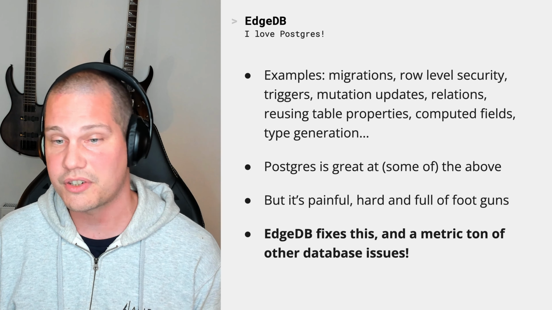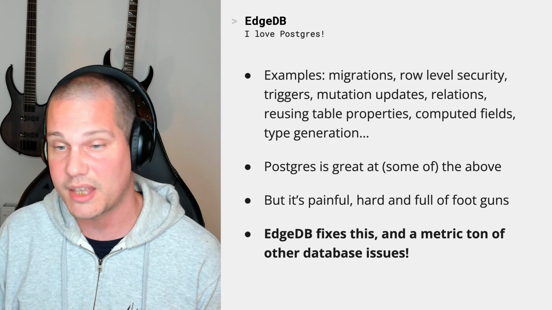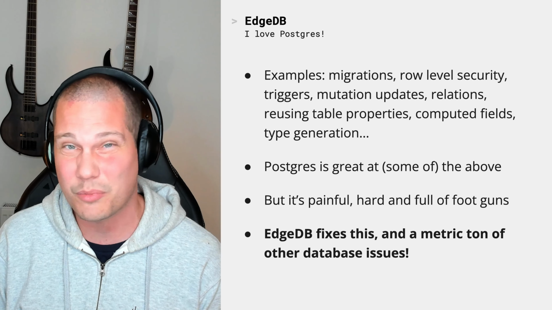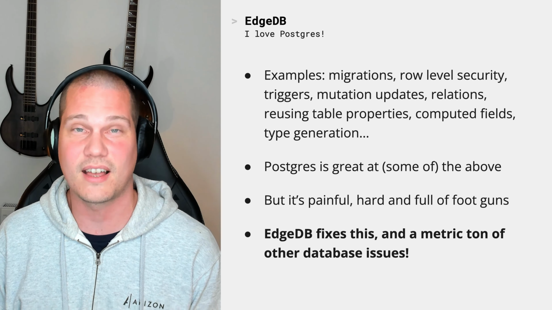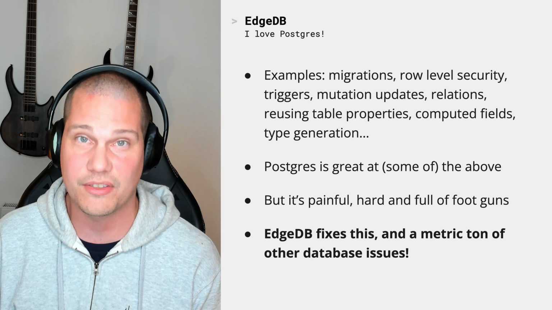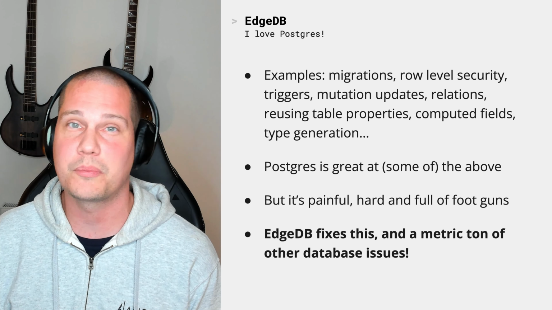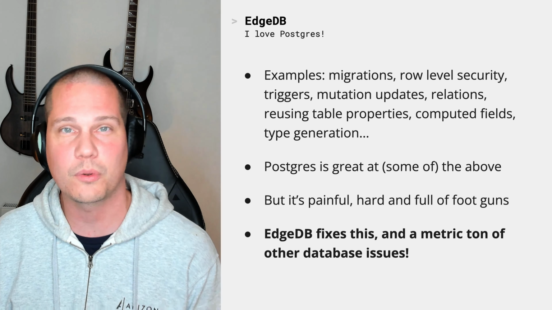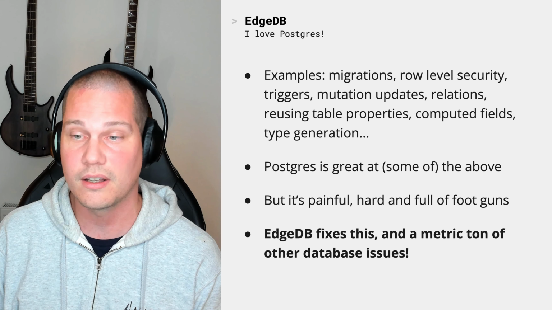Triggers, obviously, mutation updates, relations, and being able to reuse table layouts and properties, as in, I know all of my tables need timestamps, and I want those timestamps to always be updated whenever I update the table. Computed fields, being able to keep computations that are possible to do in the database, so that I don't have to ship additional data to the backend just to process it there, when I could just do it in the database instead.